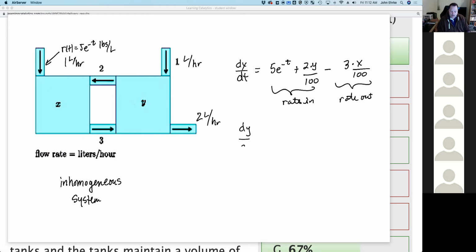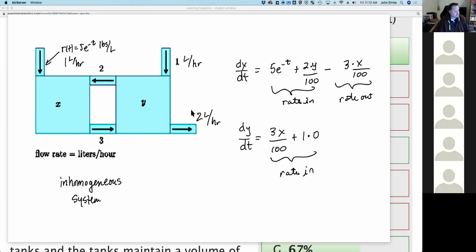Similarly, if you look at Y, what's coming into Y is what's going out of X. So this part that's leaving X is coming into Y, and you would have 3x over 100. You also have this outer part coming in, but that outer part doesn't contain any salt, so it contributes 0 to the salt change.